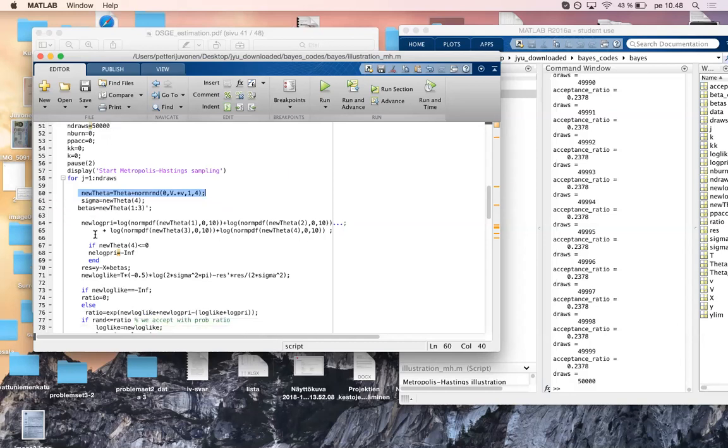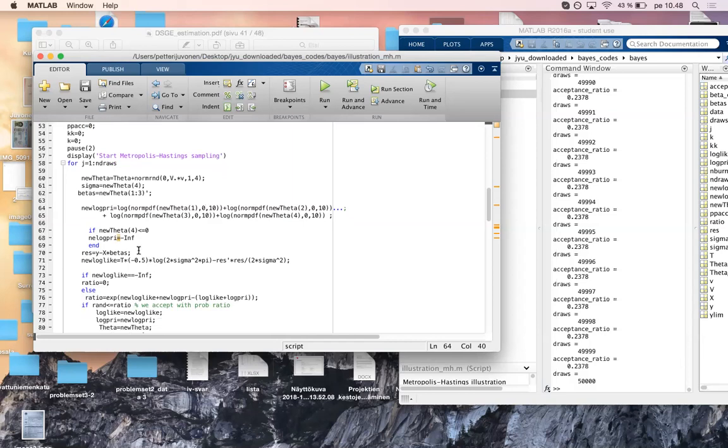With this theta parameter vector, we can evaluate the prior probability density functions, which we do here, and we take the log. We have assumed 0 mean and variance of 10 for all, so it's really diffuse, a flat prior, so the prior doesn't affect this estimation much.